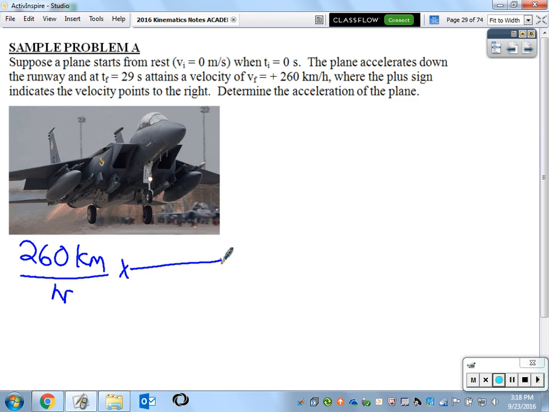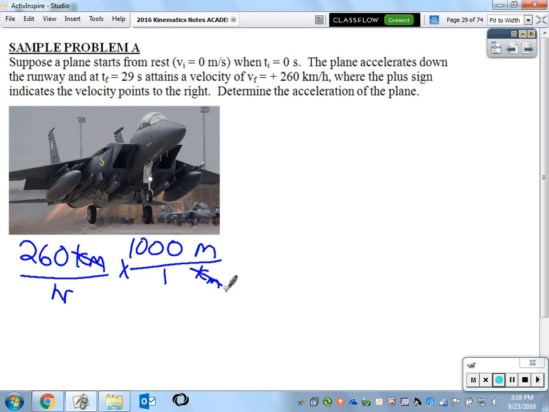Where does kilometers need to be in order to convert this into meters? The numerator or denominator? Denominator. So kilometers are down here. We're going to convert it to meters. Not a trick question. In 1 kilometer, how many meters are there? There are 1,000. Good job. Then the kilometers would cancel out, but that would leave us with meters per hour.